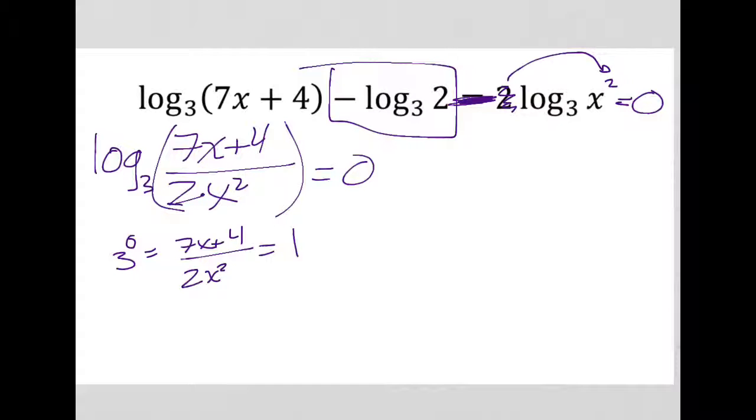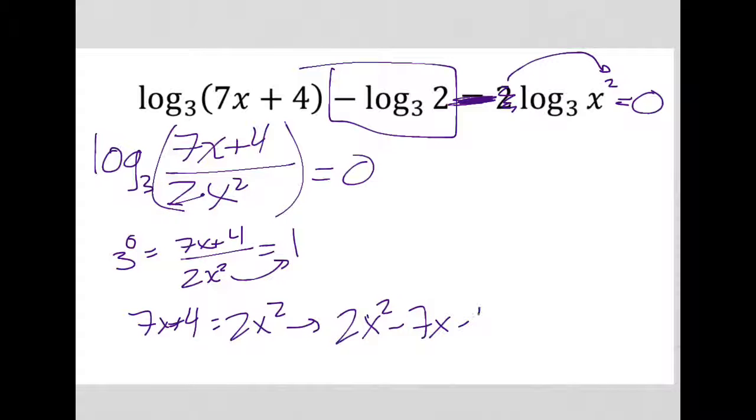And now I am going to multiply that up to get 7x plus 4 equals 2x squared. And now I will take this and rewrite it as 2x squared minus 7x minus 4 equals 0.